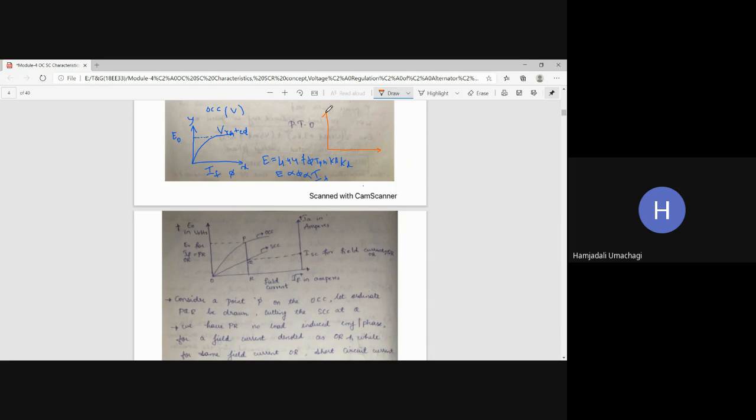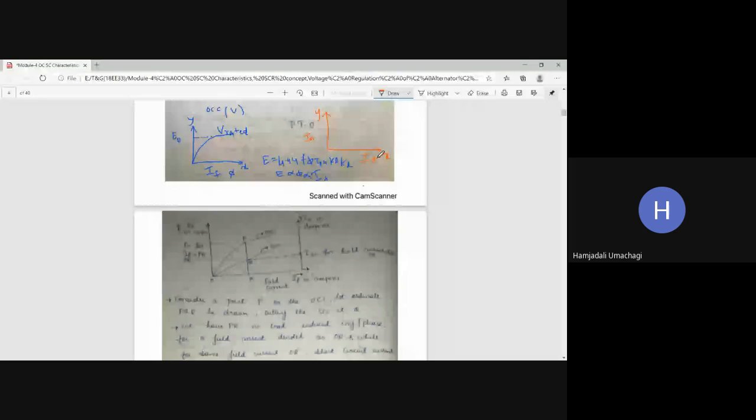The y-axis here now will be IA, and along the x-axis once again it is IF only. So this is for short circuit characteristics, SCC.